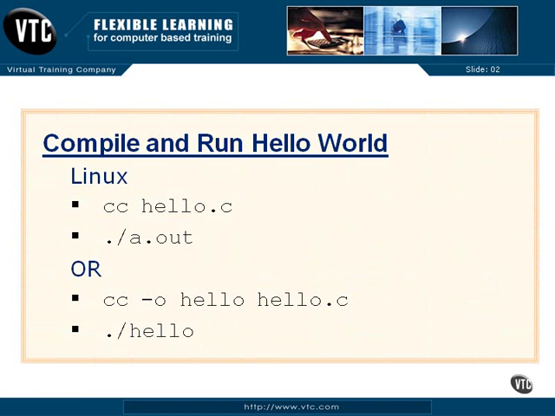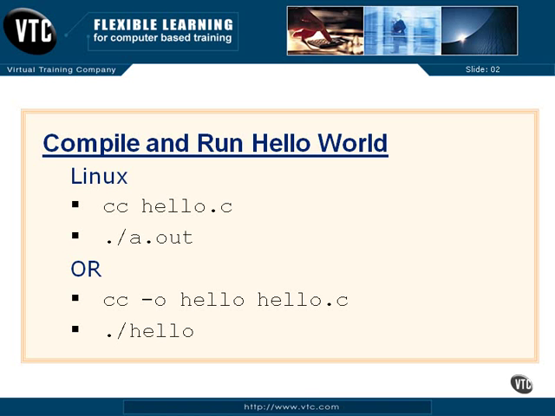Remember, that's the same place as the GCC or G++ that we looked at. It's the same program that's going to be run, but we just use the cc because that's old school for a C compiler.